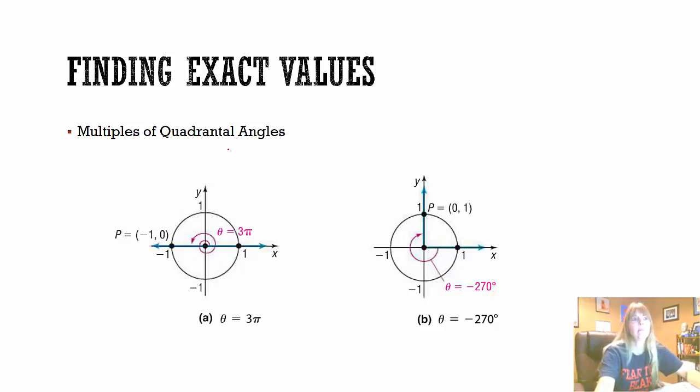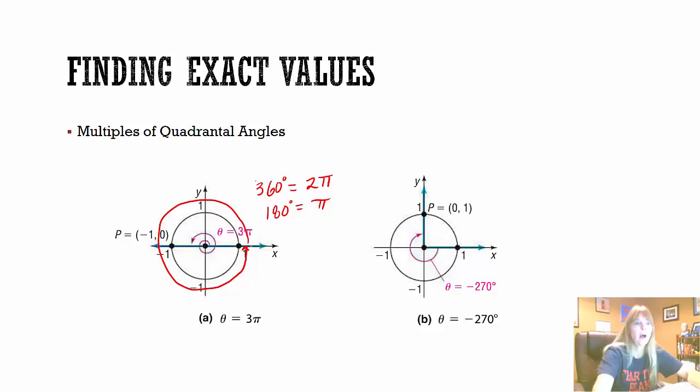Well, we can actually find multiples of these angles because if you remember, when you go all the way around this circle, 1 revolution is 360 degrees, but in radians is 2 pi. Try to think more in radians, okay? And so if I want 3 pi, well, I remember 180 degrees was pi, so I just have to go a little bit more, and then I'm back here.